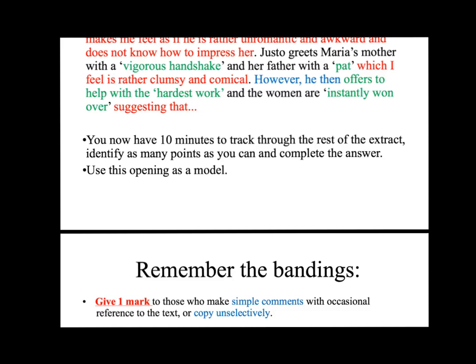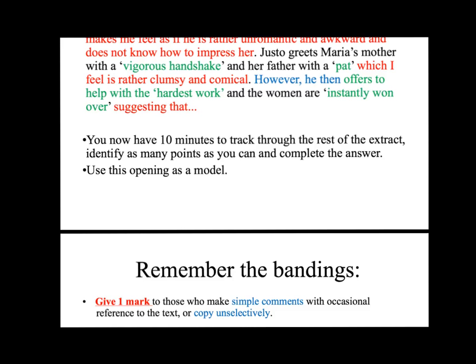We have again this use of indicating to the examiner that you're still on track. So, however, he then offers to help with the hardest work. We've got these quotations used, and then the inference and the understanding. Remember that it's 2 parts of the question, and you have to give your response.